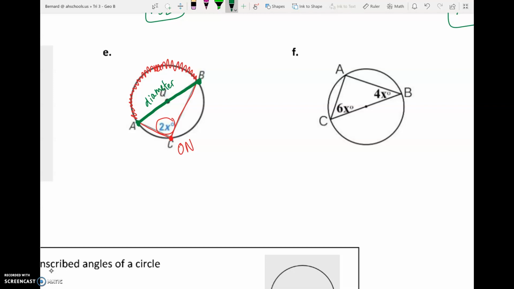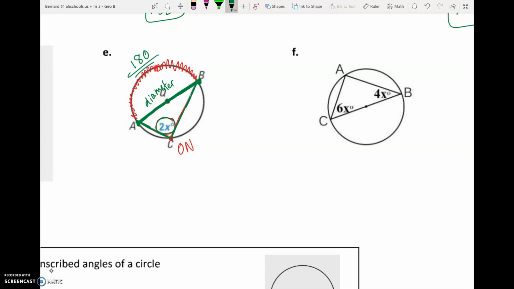If a circle is 360 degrees in total, half of a circle is 180 degrees. Since this circle intersects where our diameter starts and stops, this angle is opening up to 180 degrees of our circle. So that's our arc. Our arc has to be 180 because this diameter splits our circle in half.